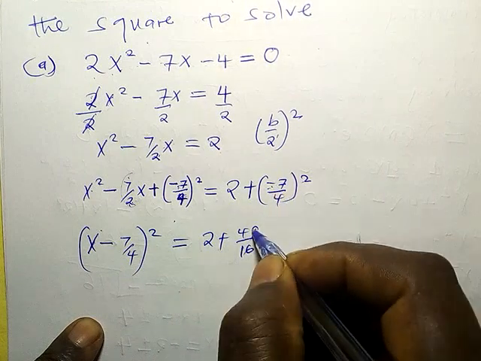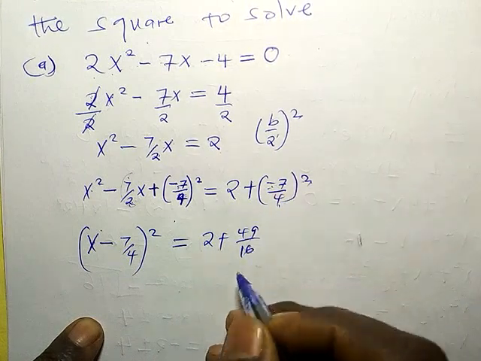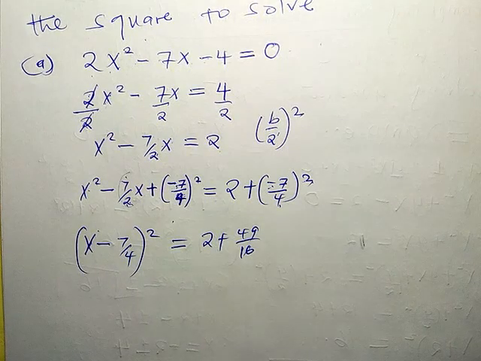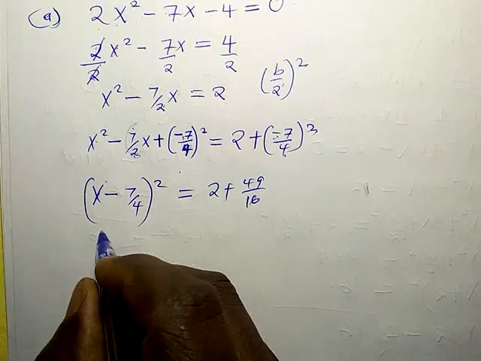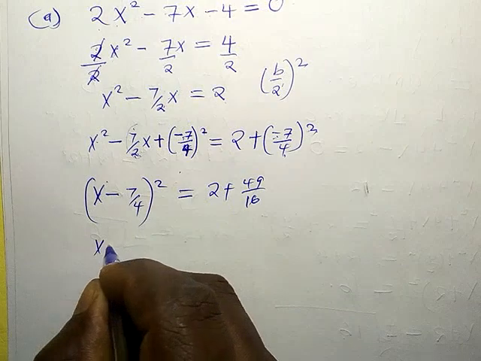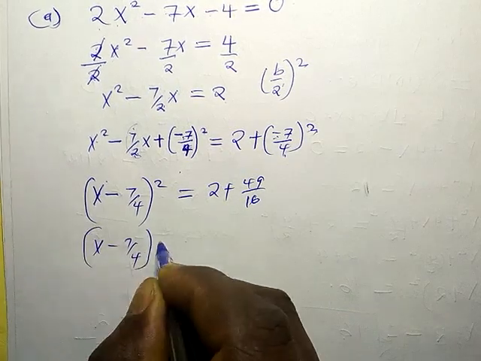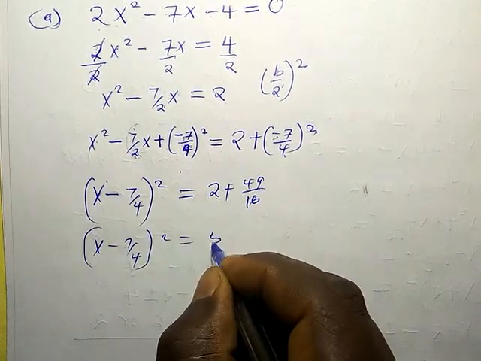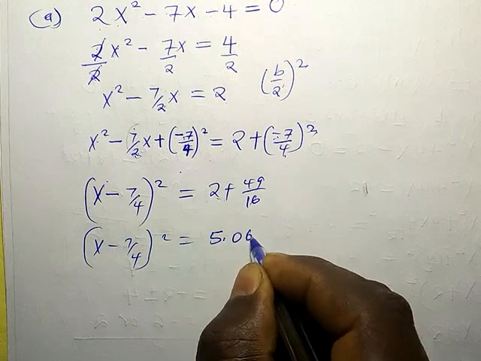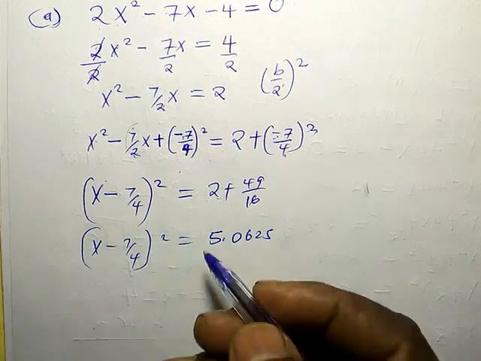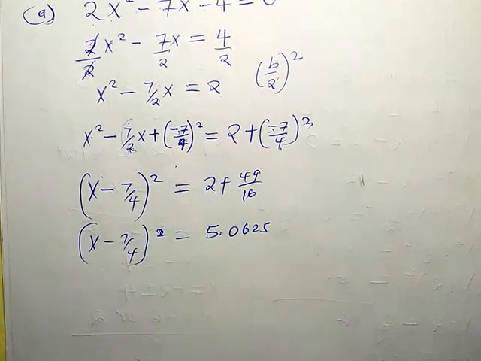This square is 49, this square is 16. Then we are going to add. This one is going to be x minus 7 over 4, squared, equal to, adding this one will give you 5.0625. You can write in decimal or in fraction form, it doesn't matter.